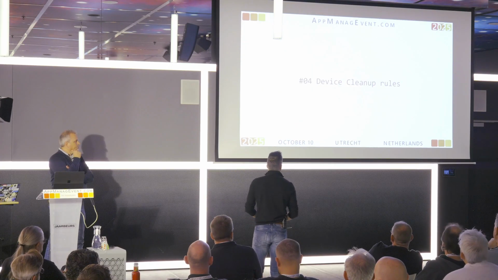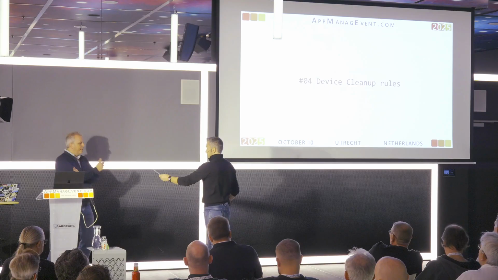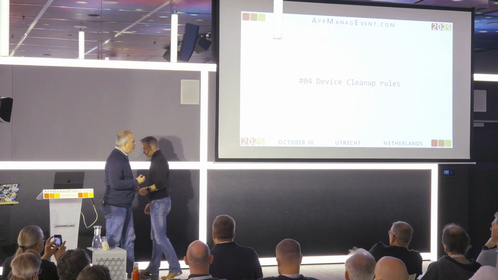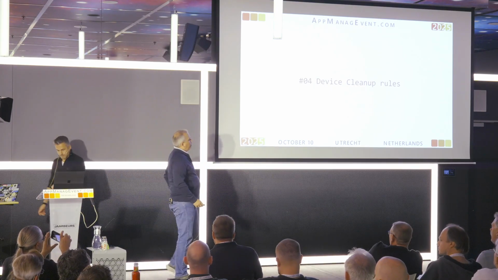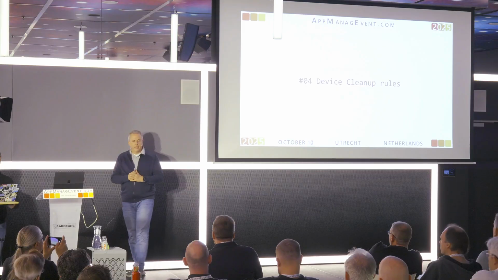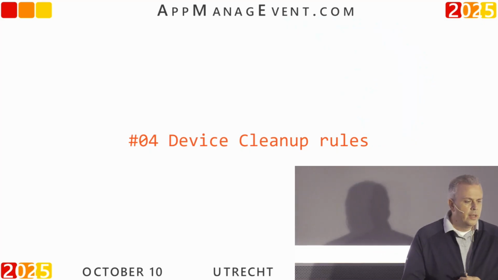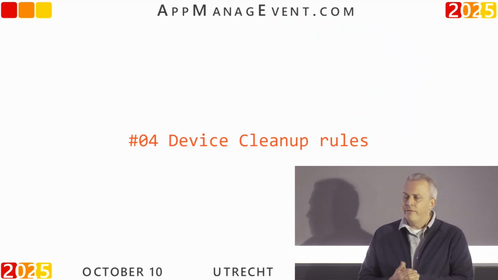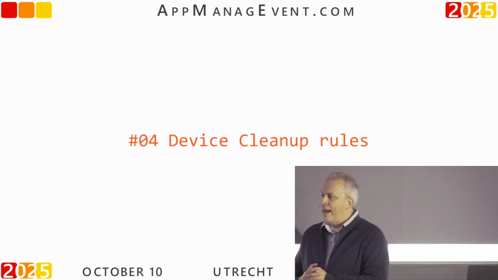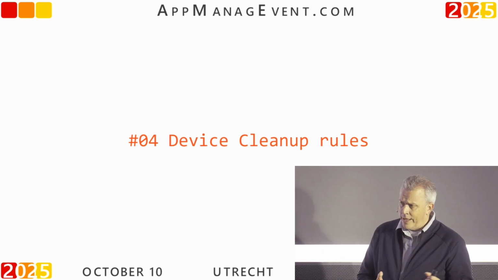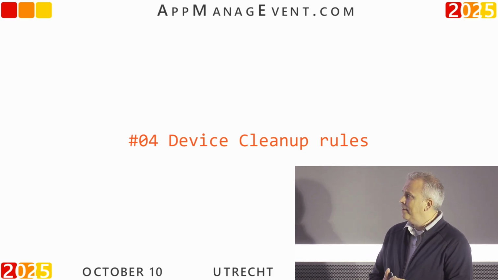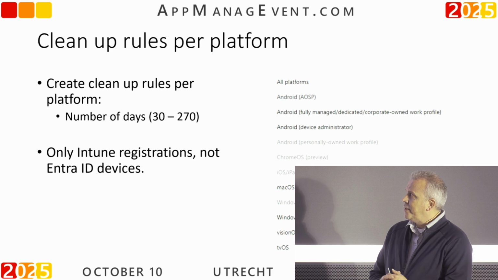Okay. Device cleanup rules. And for a long time, we were able to create one global device cleanup rule policy, where you could say, okay, if a device is inactive in Intune for 30 days, delete the device registration.